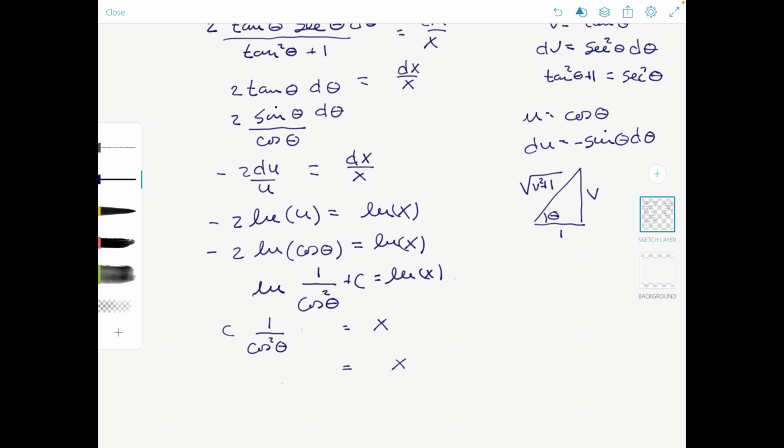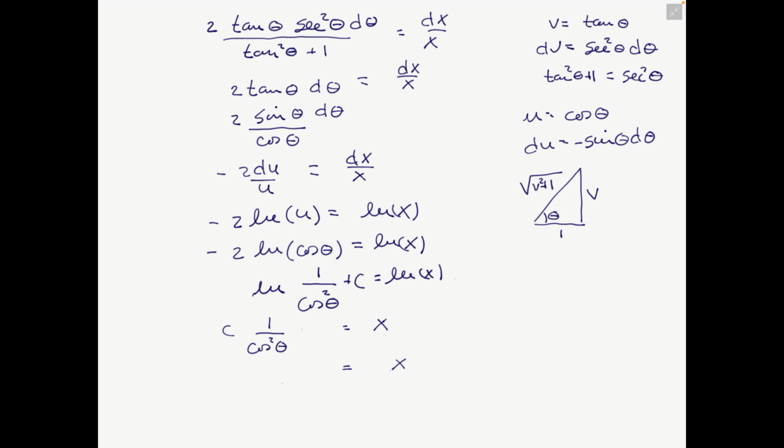So we see, and we know now that tangent is v over 1 equals tangent theta. So cosine theta is 1 over square root of v squared plus 1, but we got cosine squared, and we got 1 over cosine squared, so 1 over cosine squared theta equals v squared plus 1.